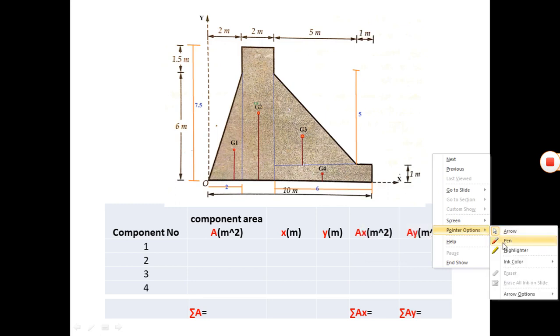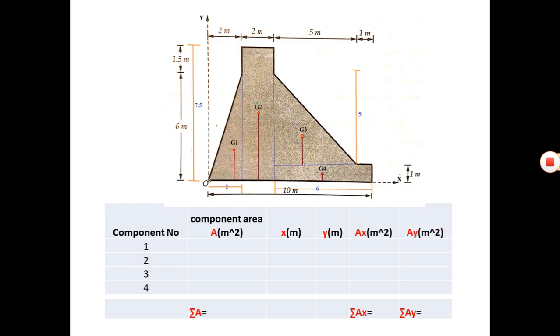If you draw this, suppose this one is G1. We need to find the x component, the distance of the centroid from the x-axis, and the location of this centroid from the y-axis. This is for geometrical component 1.